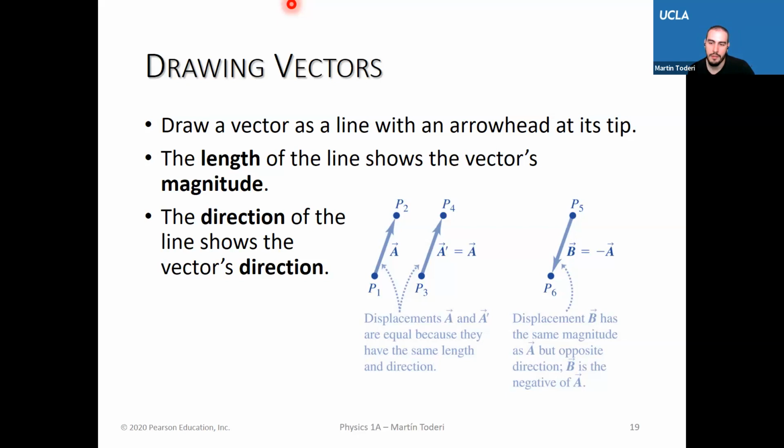If, for example, we have minus vector A, they would have the same magnitude, but B would be pointing in the opposite direction of A, right? So that's basically how you represent vectors. And later on, we will use a system of reference to be able to represent them in 2D or 3D space.